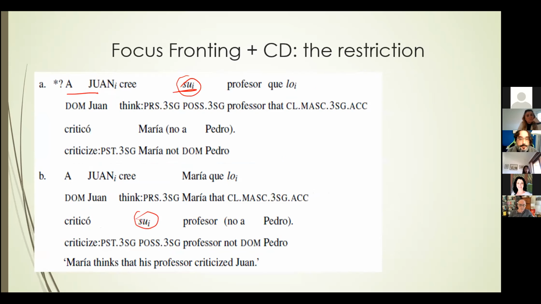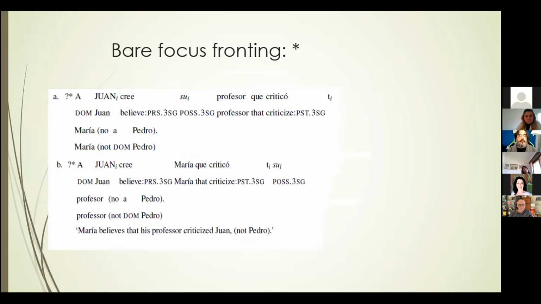So this is a super robust judgment and a clear contrast with clitic left dislocation, right? Now, when it comes to bare focus fronting, without clitic, then you have weak crossover as in the simple cases, right? A Juan cree su profesor que criticó María is bad with the possessive here, and it's also bad with the possessive in the embedded clause. Okay, so that's the pattern.